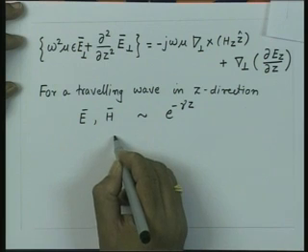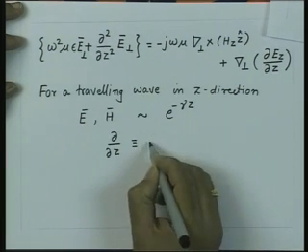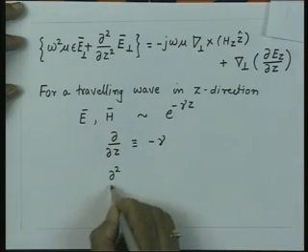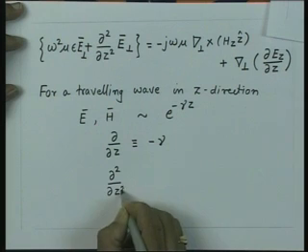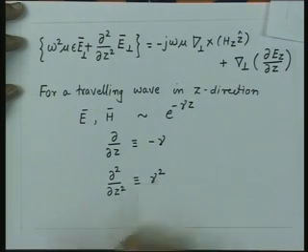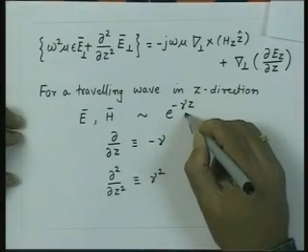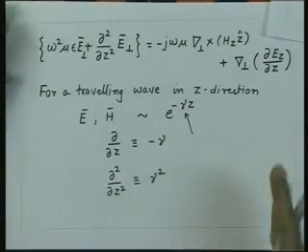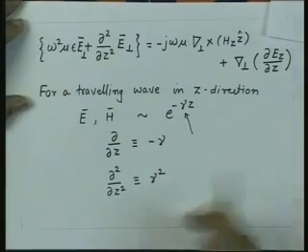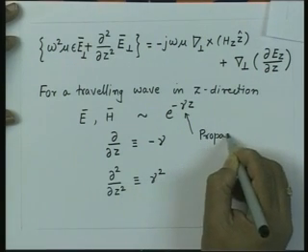So, d by dz is multiplying the quantity by minus gamma, and d2 by dz square is equal to gamma square. This quantity gamma we have not found out yet, but we know this is the one which is going to control the behavior of the wave propagation on this structure.